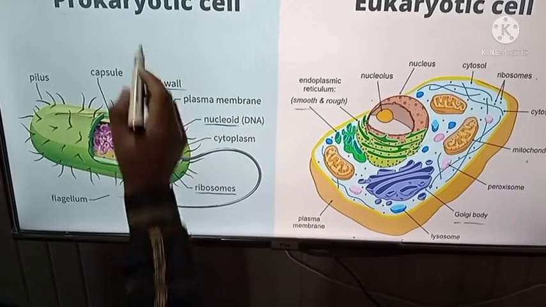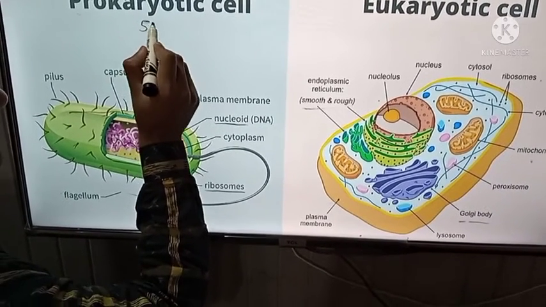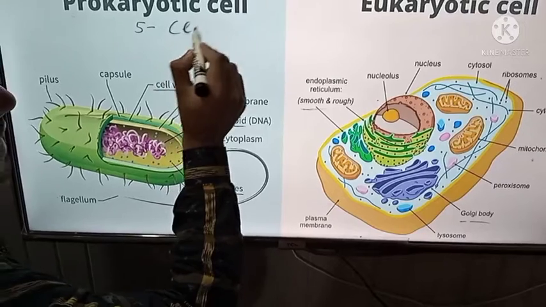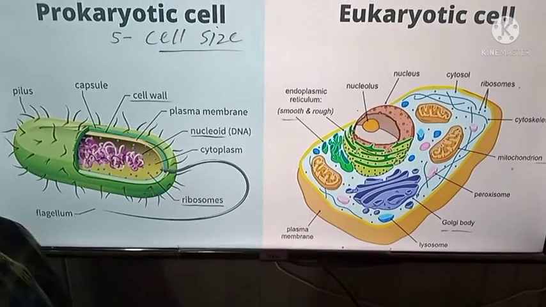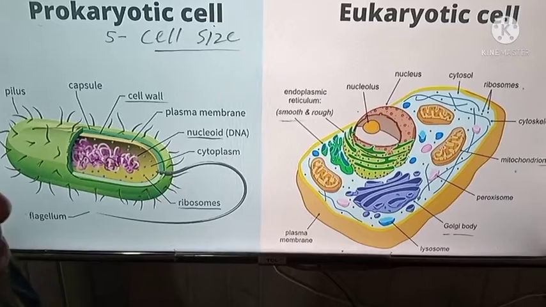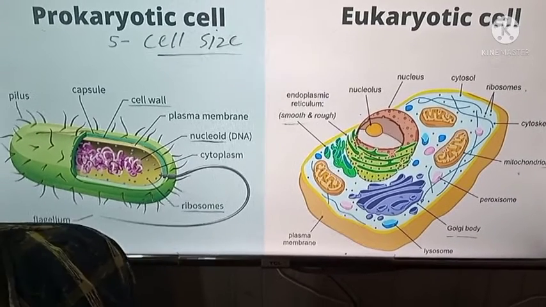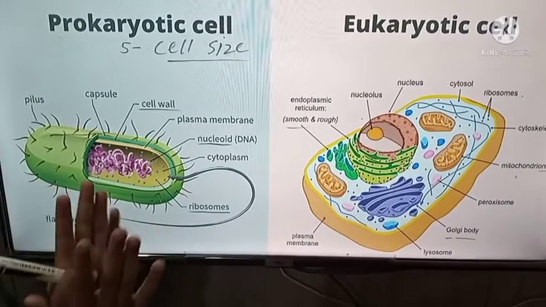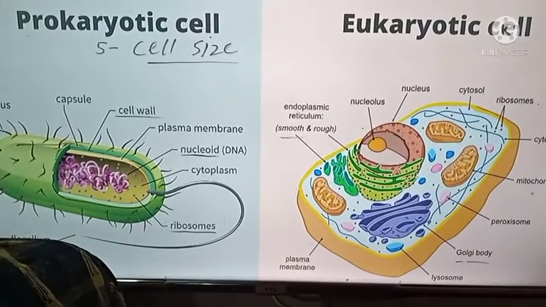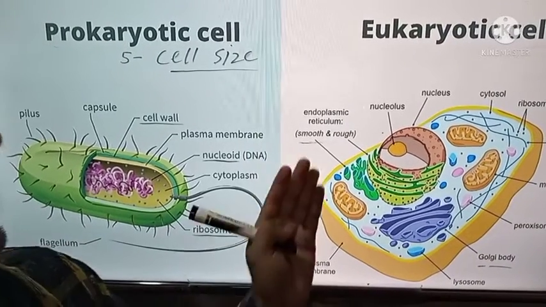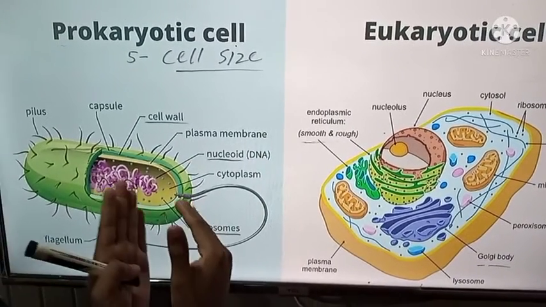The difference number five, the fifth one, is their average cell size. Dear students, these two cells have different sizes. Prokaryotic cells are usually smaller compared to eukaryotic cells. Usually, eukaryotic cells are 10 times larger than prokaryotes.